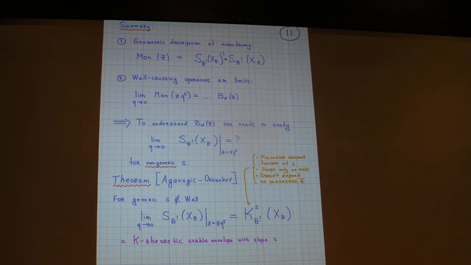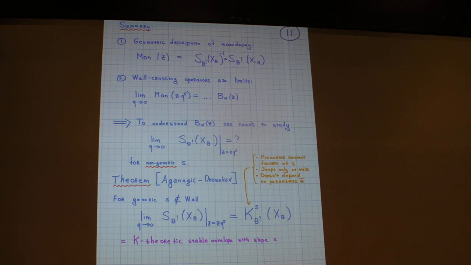Right? And yeah, so this is a K-theoretic stable envelope with a slope S. So if you choose the shift by S, you get a K-theoretic stable envelope with a slope S. And the K-theoretic stable envelope depends on some extra choices, which is a choice of a slope. But explicitly, this thing is a matrix, some n by n matrix, whose matrix elements are rational, polynomial actually, Laurent polynomials in Kähler parameters.